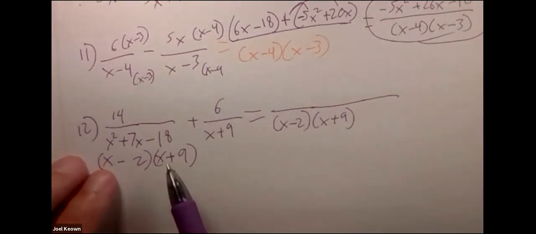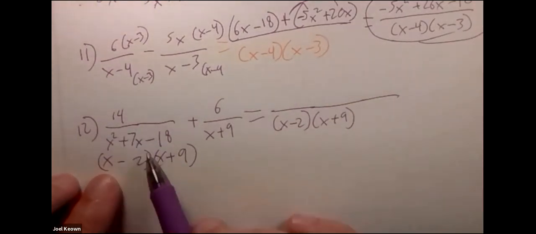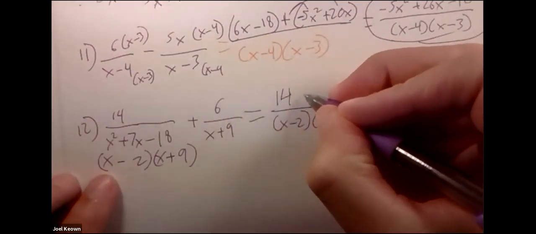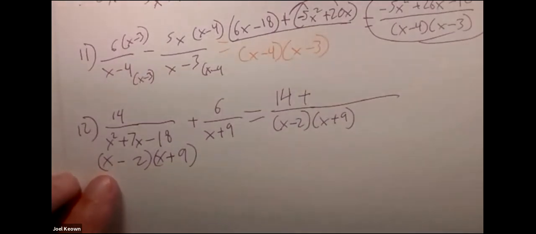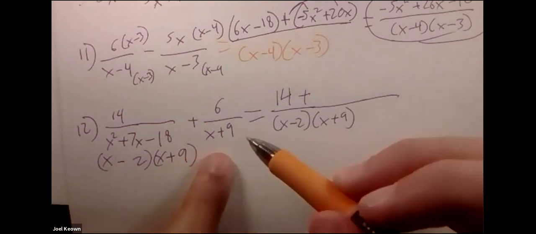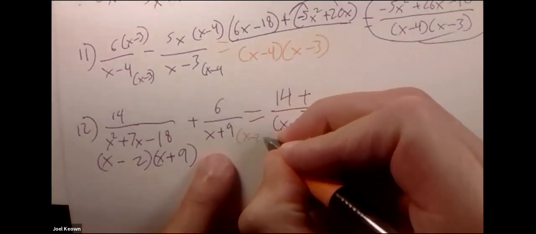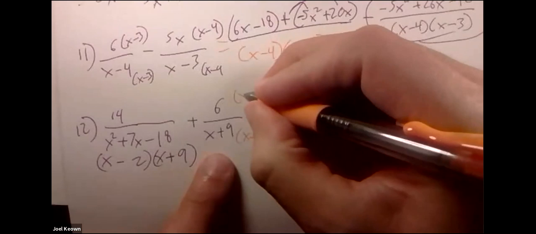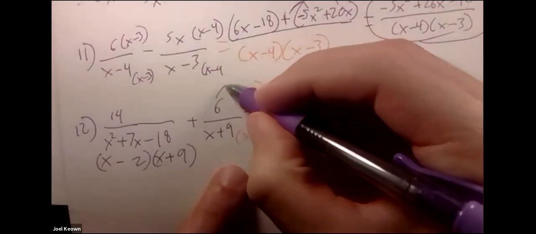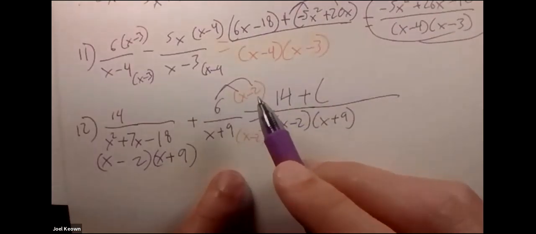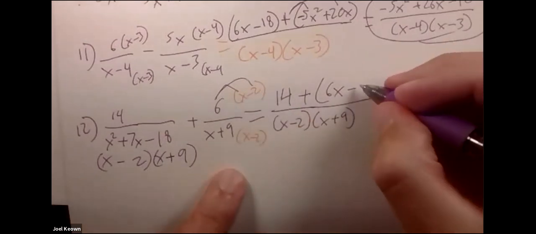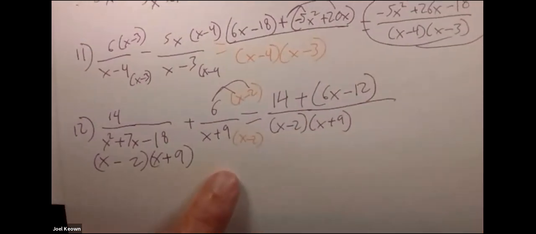Okay. Well, since this is known to be my common denominator, I don't have to change this one at all. So that 14 is just going to stay 14 plus. Well, I do need to change this one because I have the x plus 9, but I'm missing the x minus 2. So I need to multiply top and bottom by x minus 2. Parentheses, distribute. 6 times x is 6x, minus 6 times negative 2 is negative 12.